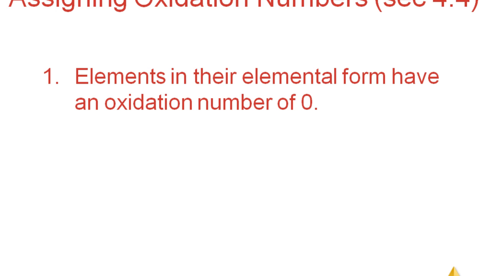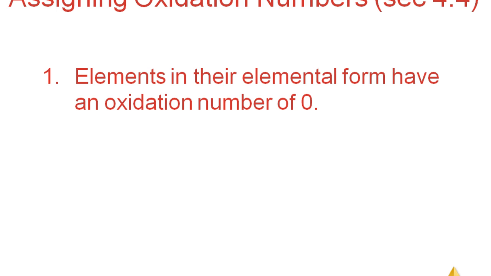Page number 137, that is where you have the rules. You see oxidation numbers, and the following rules for assigning oxidation numbers. So there are those 4 rules, that is what we are going to look at.